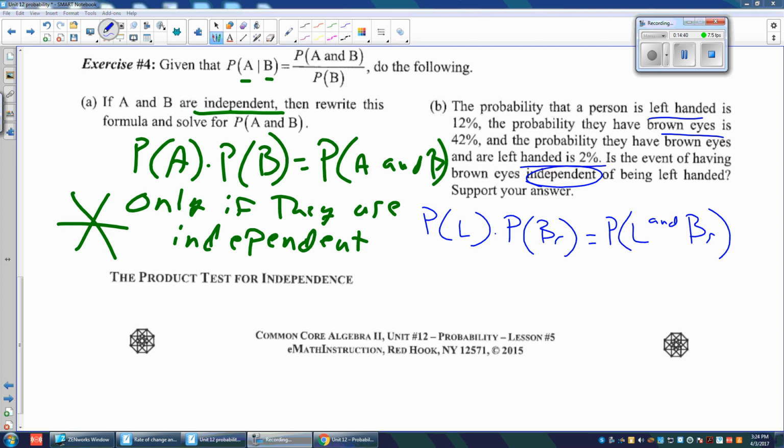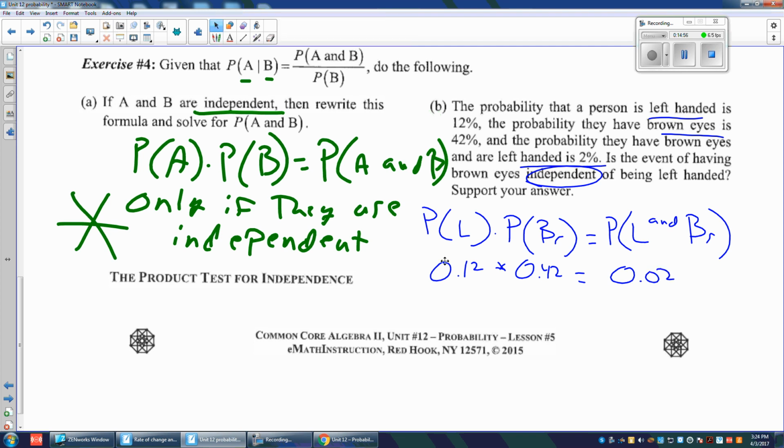So let's see if that's true. The probability that they're left-handed is 0.12 times the probability that they have brown eyes is 42 hundredths. Both is 2 hundredths. So let's see if they equal each other.